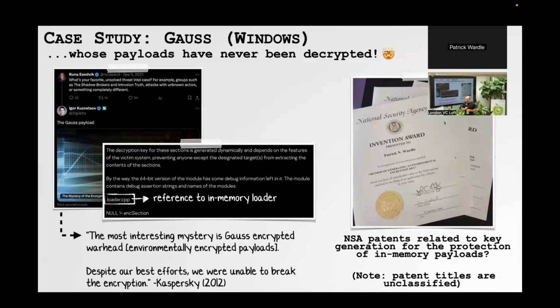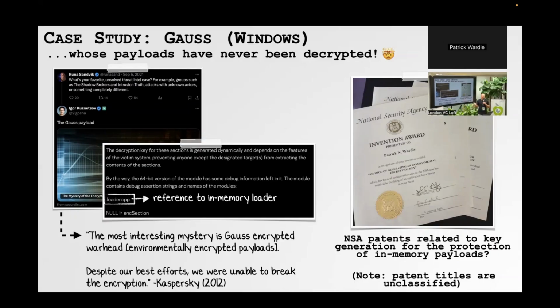So let's look at some case studies of this. I'm actually going to focus on a Windows case study because it's one of my favorite malware samples, known as Gauss. Gauss, according to the media, is attributed to the Israelis. One of the really interesting things about Gauss is it had an in-memory loader that would load and decrypt payloads only in memory.